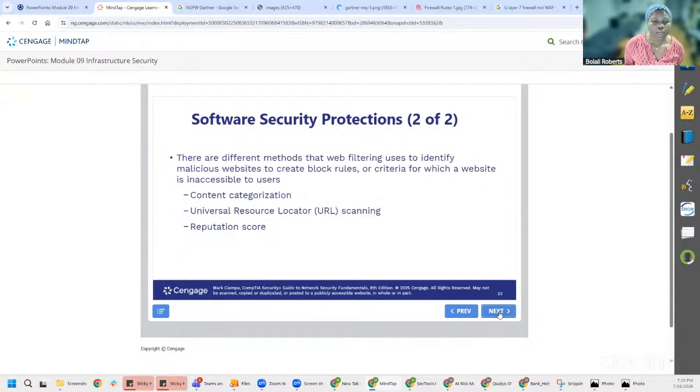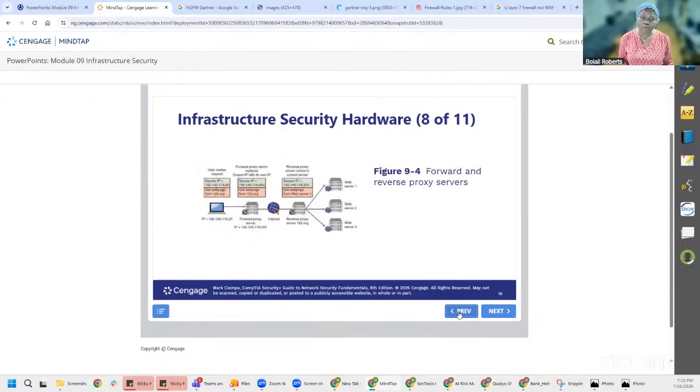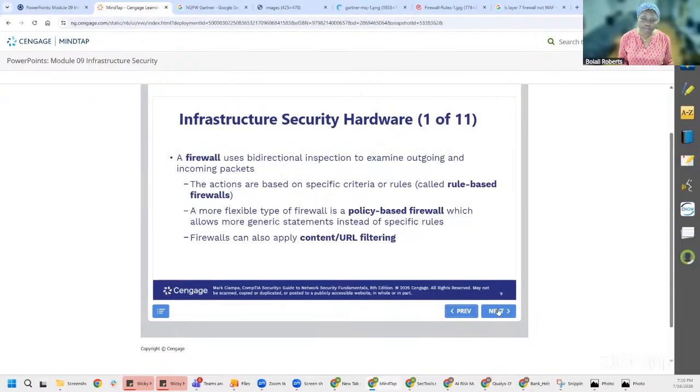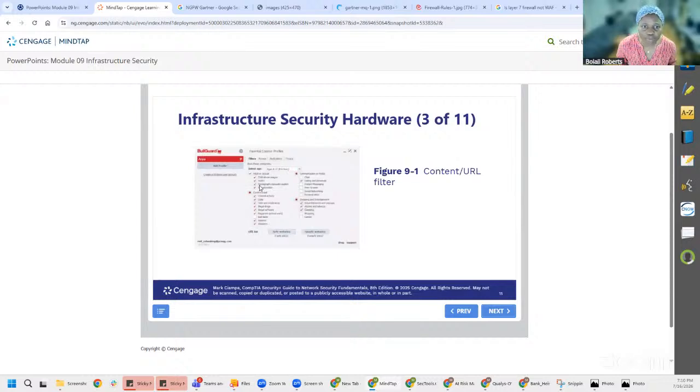Okay. And there are different categories of web filtering. There is content categorization, which is looking at several websites and categorizing them. So like the picture you saw earlier where it categorized all this. So if you look here, it says adult and sexual.